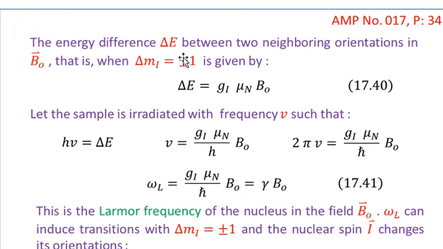The energy difference delta E between two neighboring orientations in the presence of B naught, that is when delta Mi is equal to plus minus 1, is given by.